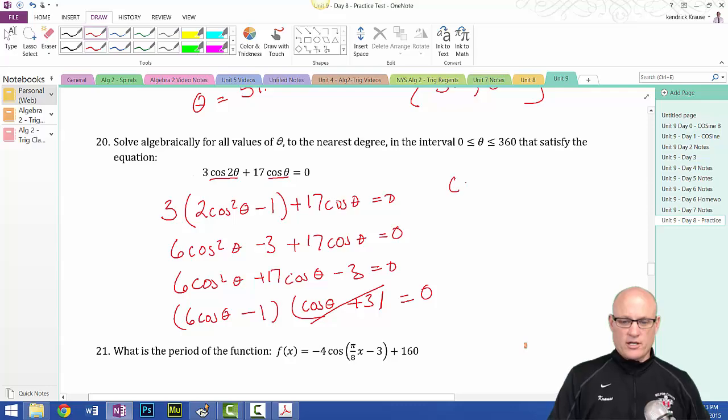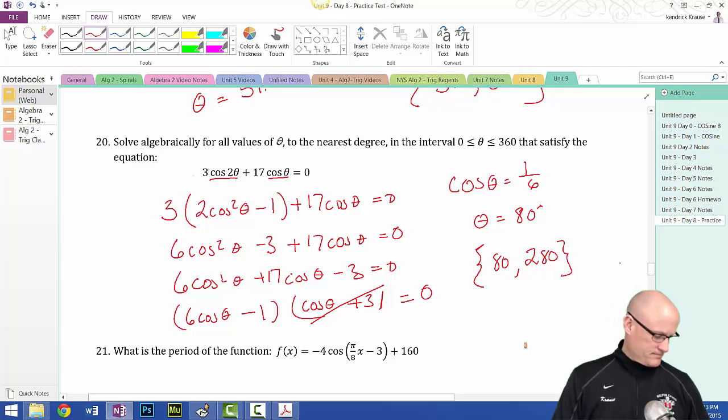That's garbage. And this one gives me cosine theta equals 1 over 6, or theta is equal to, if you round it, when you do the inverse, you get 80 degrees. And so cosine is positive in the first, so it's 80, and positive in the fourth. 360 minus 80 is 280. That's weird.